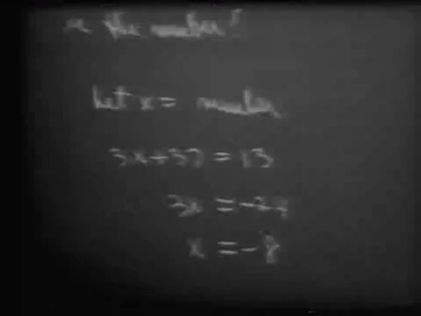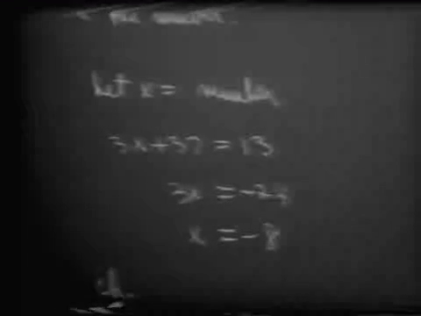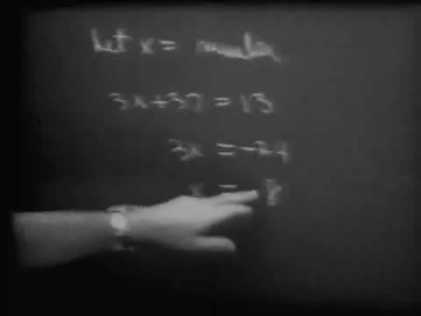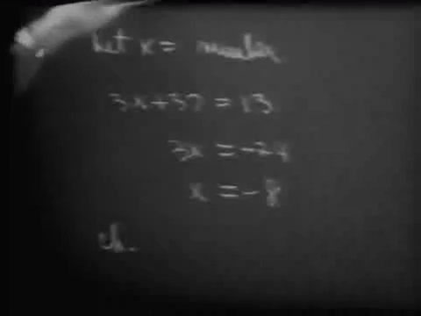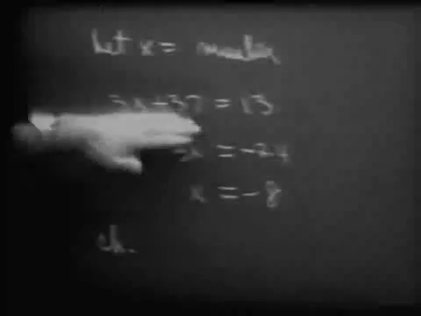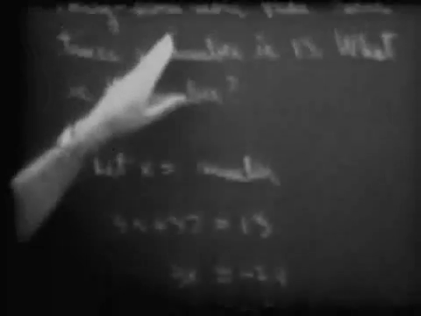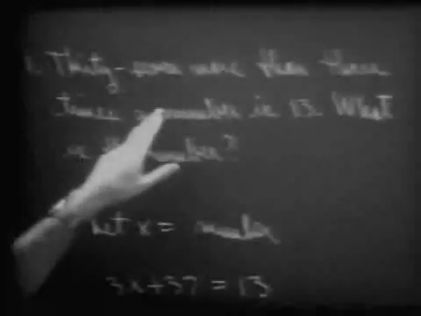Now, what I'd like to do at this point is indicate what we might call a check. Let's take this number, negative 8, and go back to the original English sentence and see, in that context, whether or not our statement is correct. 37 more than 3 times a number is 13.